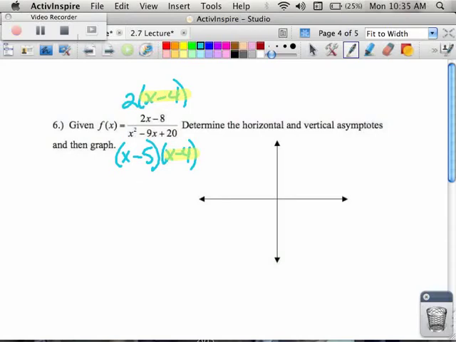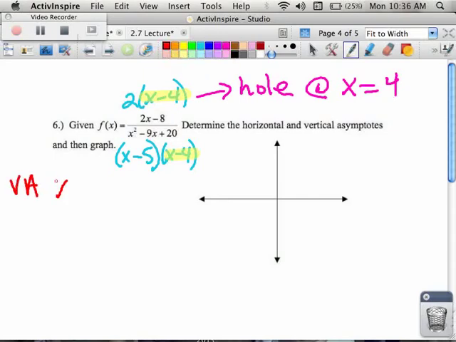When these two things match up, that means that you have a hole at x equal to 4. And the only vertical asymptote that I have occurs at x equals positive 5. So at 5, I have a vertical asymptote.